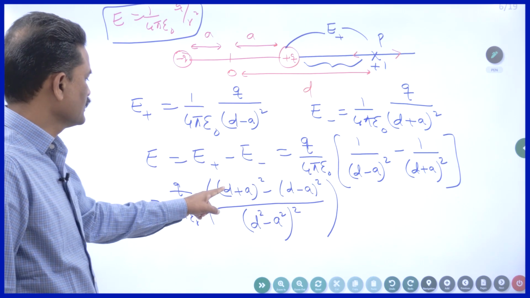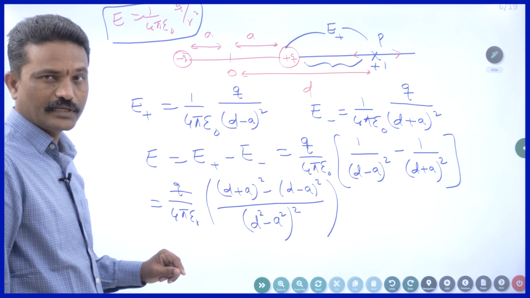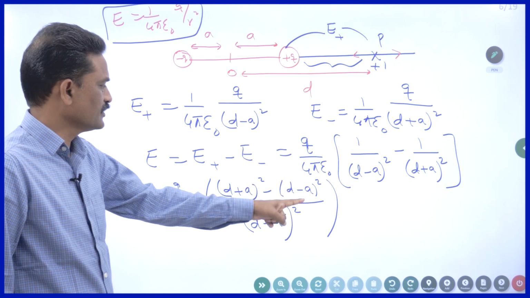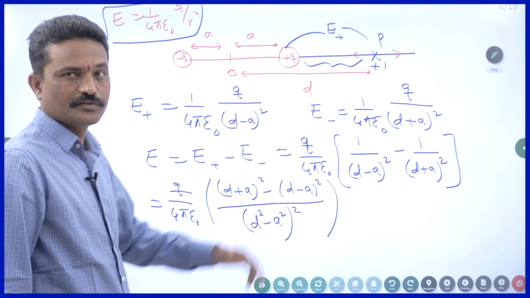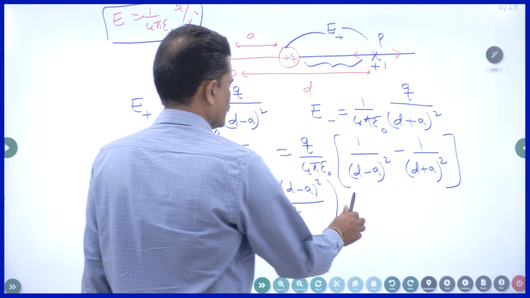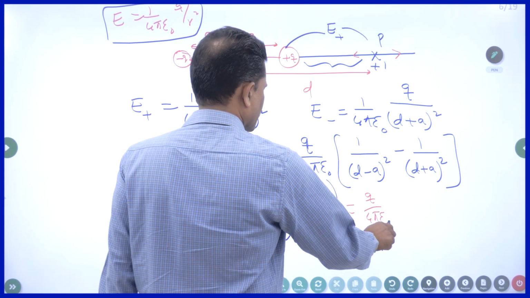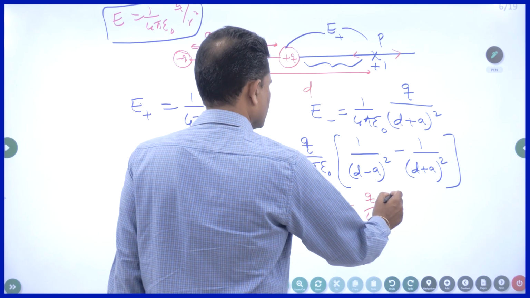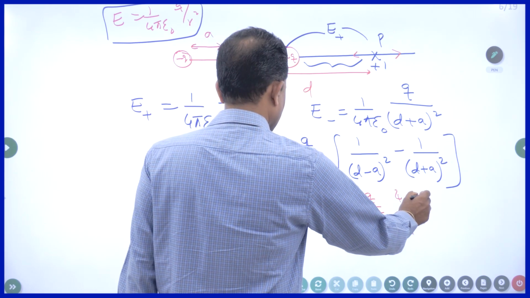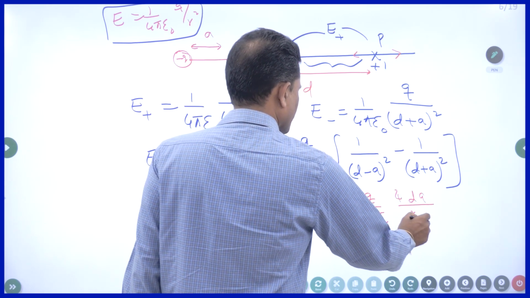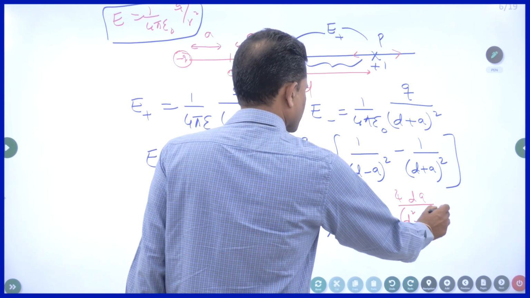So, expand it, you will get d square plus a square plus 2da minus d square minus a square plus 2da. So, this will become q by 4 pi epsilon naught, 4da by (d square minus a square) whole square.